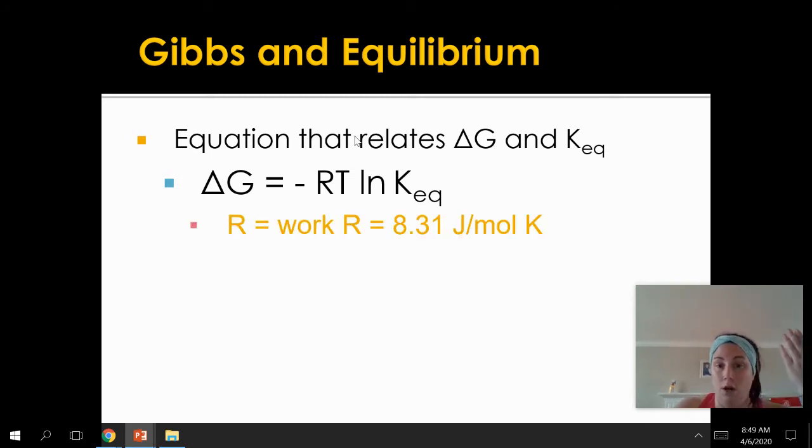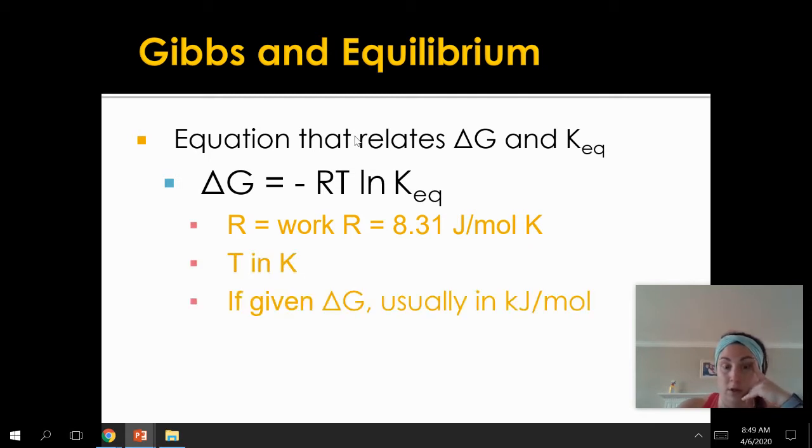R is a different value from the one that we use with our ideal gas equation. This one is in joules per mole Kelvin, and it's 8.31. Your temperature, of course, is going to be in Kelvin. Delta G, when we calculate it or compare it to data, or if you're given a delta G, is usually going to be in kilojoules per mole.